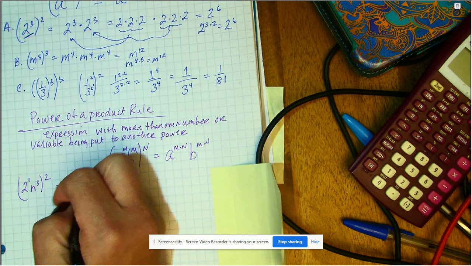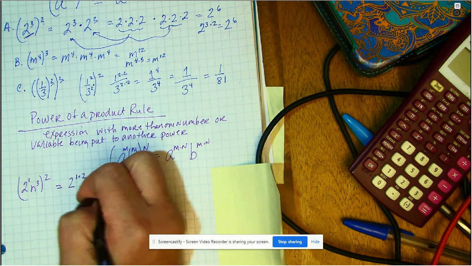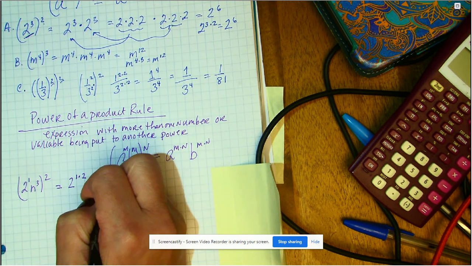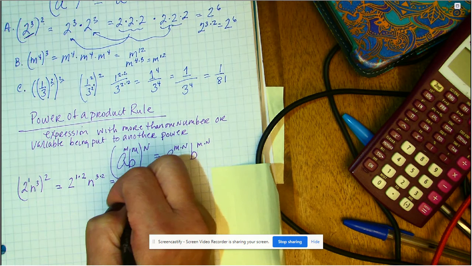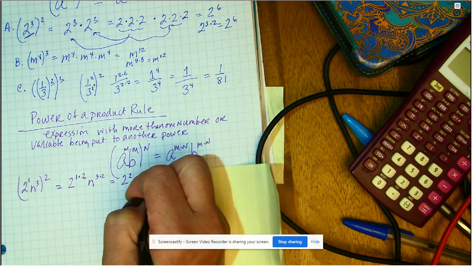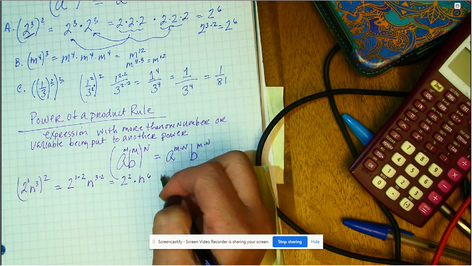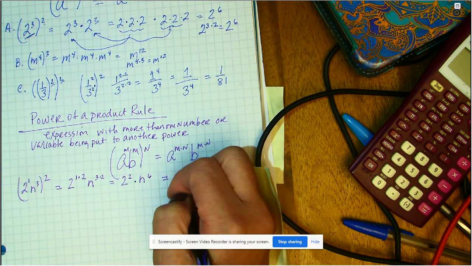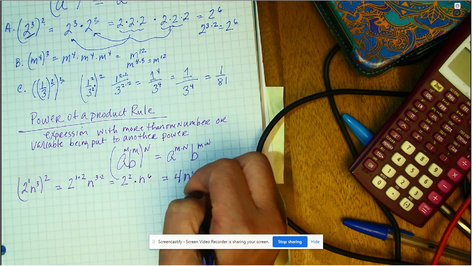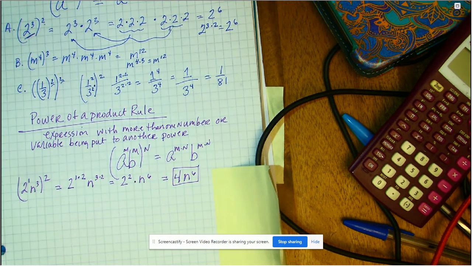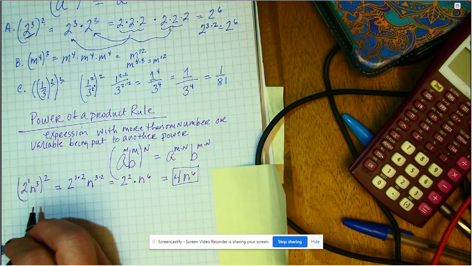So this would be 2 to the 1 times 2 and n to the 3 times 2, giving me 2 squared times n to the 6th. And 2 times 2 is 4, so 4n to the 6th. And that would be my final answer.